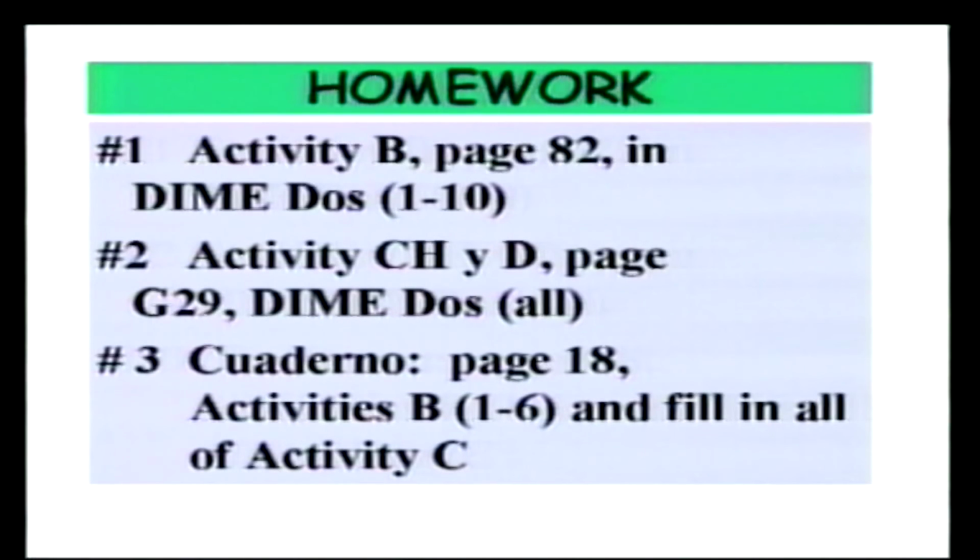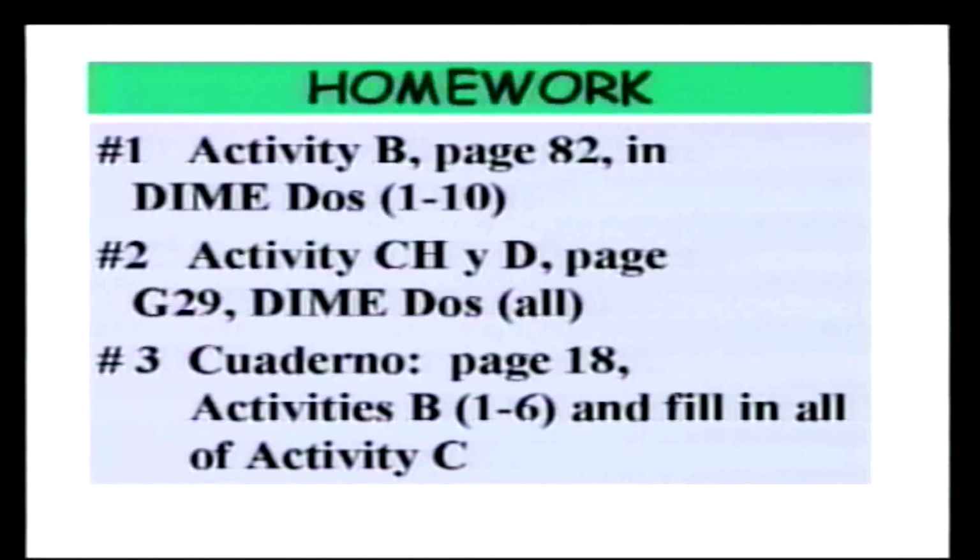For homework, we've assigned Activity B, page 82, in Dime Dos. That's 1 through 10. The second homework assignment was Activity Che y De, page G29.